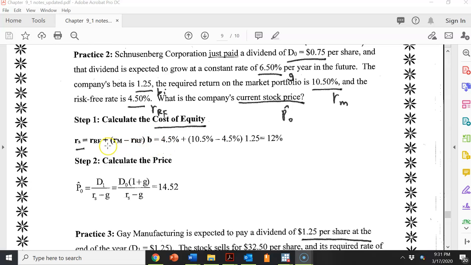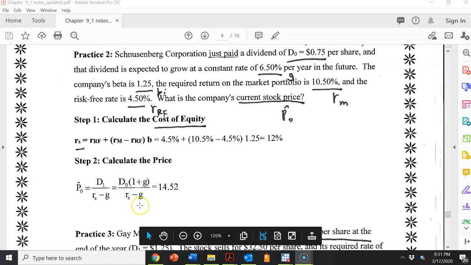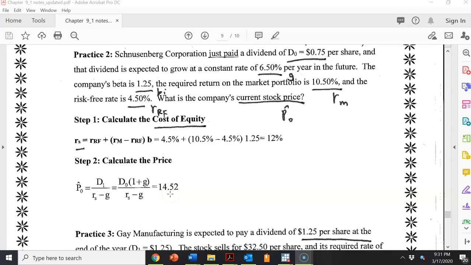All 3 variables are given. Plug the numbers in, we get RS as 12%, and then we can use D1 over RS minus G, which is the same as D0 multiplied by 1 plus G over RS minus G. Plug the numbers in, we get price as 14.952.